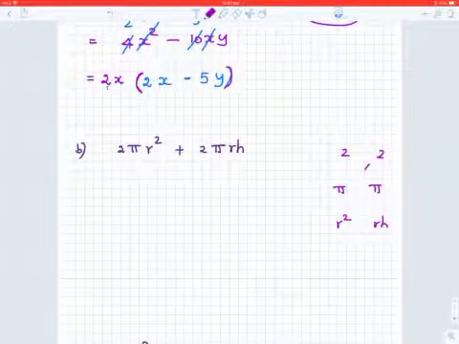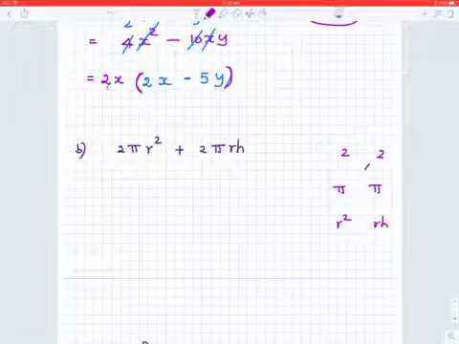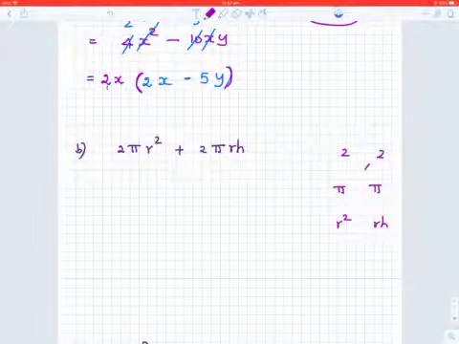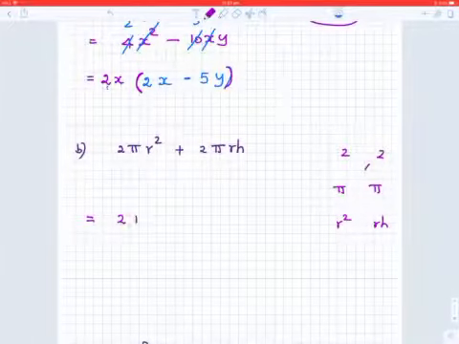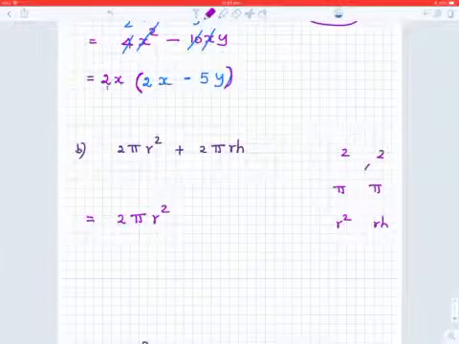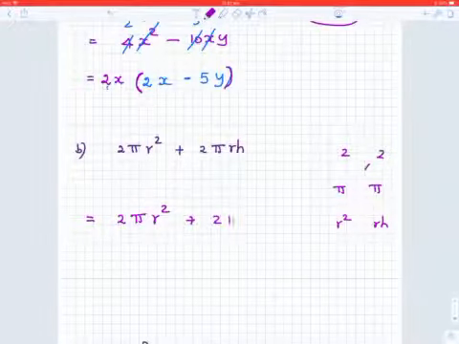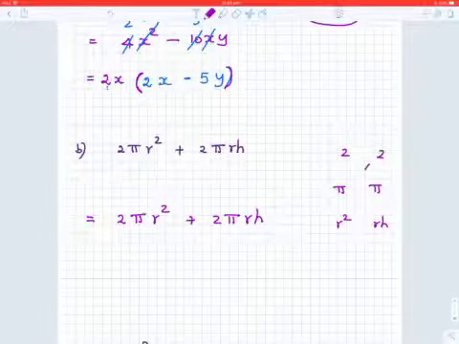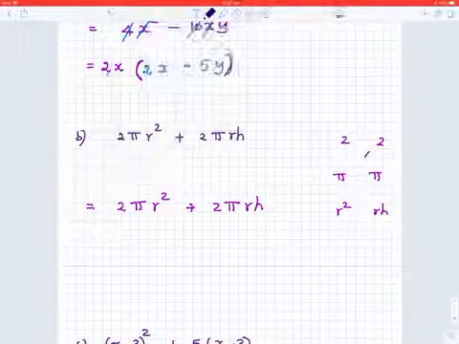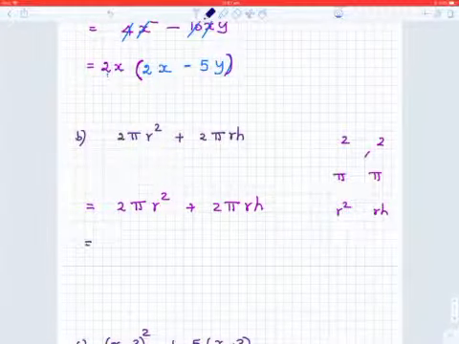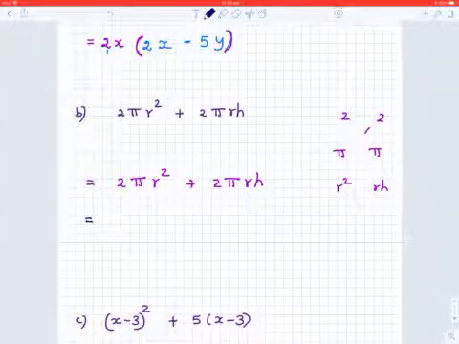Then I have r squared and rh. Now I'm just going to write the question again: 2 pi r squared plus 2 pi rh. Now I'm going to see what is common.